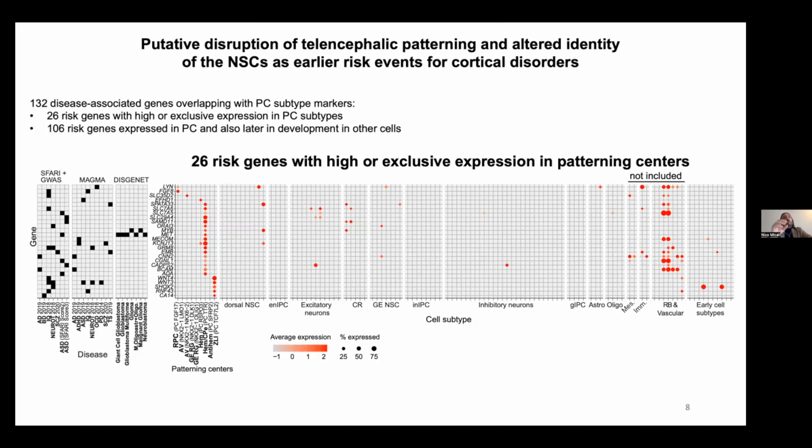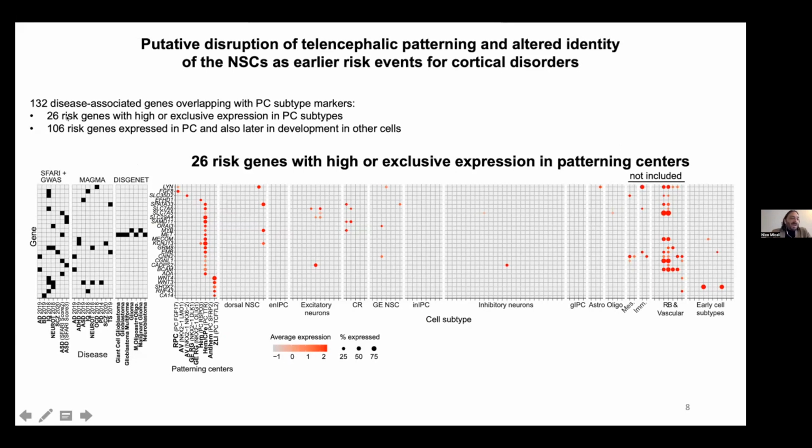What we did was to map the expression of risk genes associated with different neuropsychiatric disorders across all the cells populating the developing macaque telencephalon. We found that although the majority of the risk genes were enriched in the neurons, 132 disease-associated genes overlapped with the patterning center subtype markers.